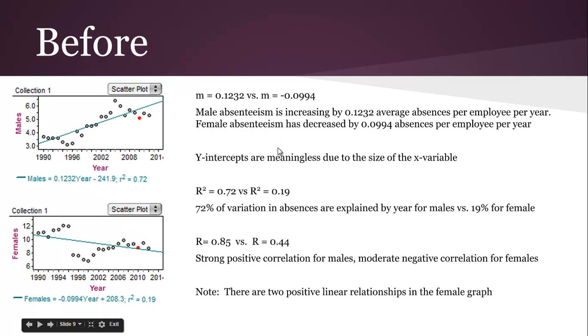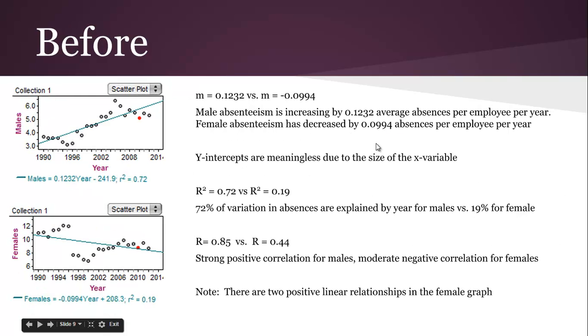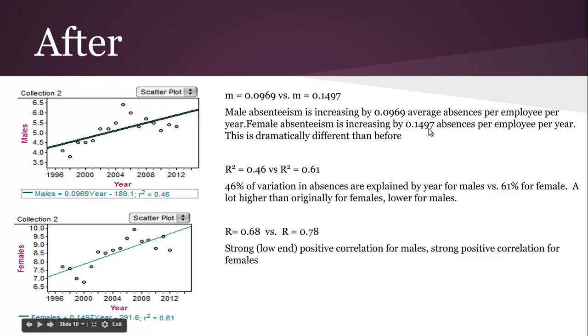If we just fit the data from 1997 and over, we see the slopes: 0.0969 average absences per employee per year for males, and female absenteeism is increasing by 0.15. So it's no longer a decreasing slope; it's increasing, and it's increasing faster than the males since 1997.